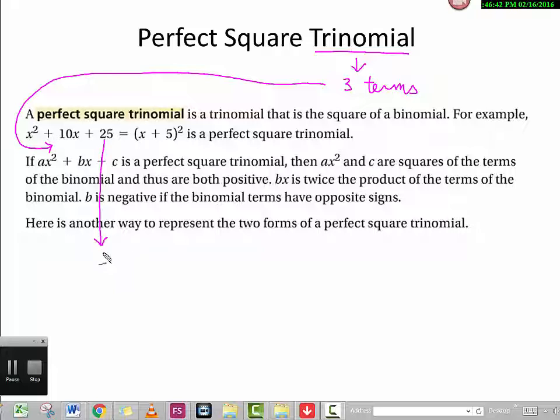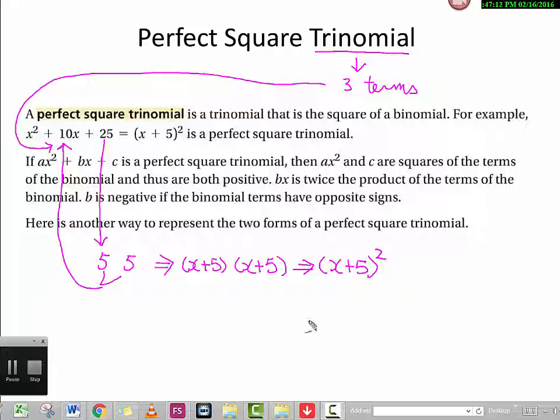So we're going to use, of course, 5 and 5, because 5 plus 5 is equal to 10 here. You're going to have x plus 5 times x plus 5, and this time is interesting because you got the same binomial factor. You're going to end up having the x plus 5 square.